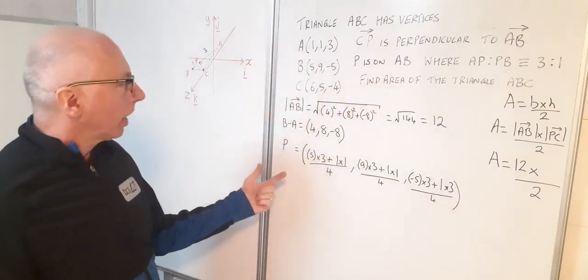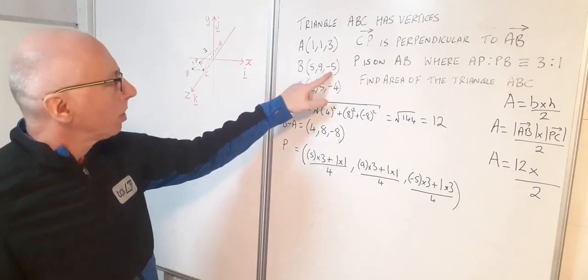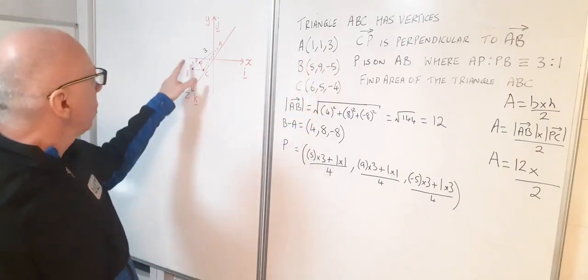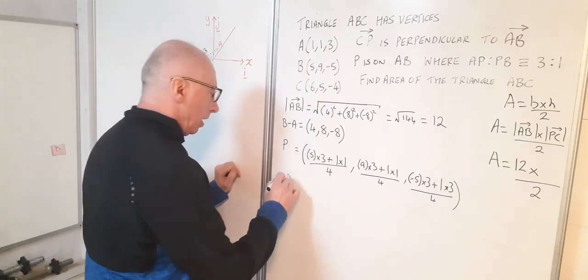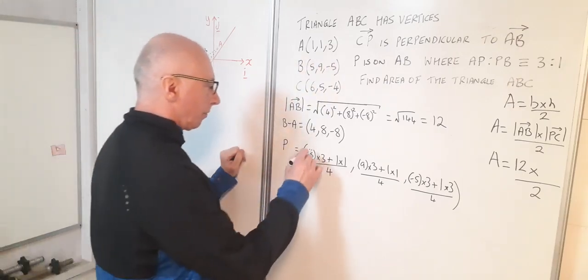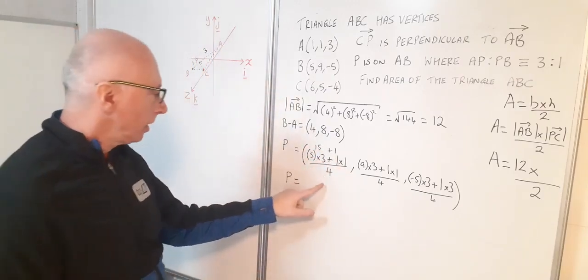It looks pretty complicated, but all we've got to do is, as it's 3 times closer, treble all of those and add it to 1 times all of the others, and then divide by 4, because that's the sum of the shared ratios. So for point P, 3 5s are 15 plus 1 over 4. That's nice and handy, that comes out to 4.